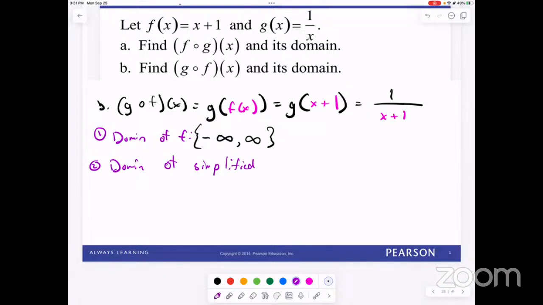So again, in general, the domain of a rational function is all reals except any x that makes the denominator 0. When we look at our simplified function, when x is negative 1, we get a 0 in the denominator. So that means we can use any real number except x equals negative 1. So we want to throw out the negative 1.